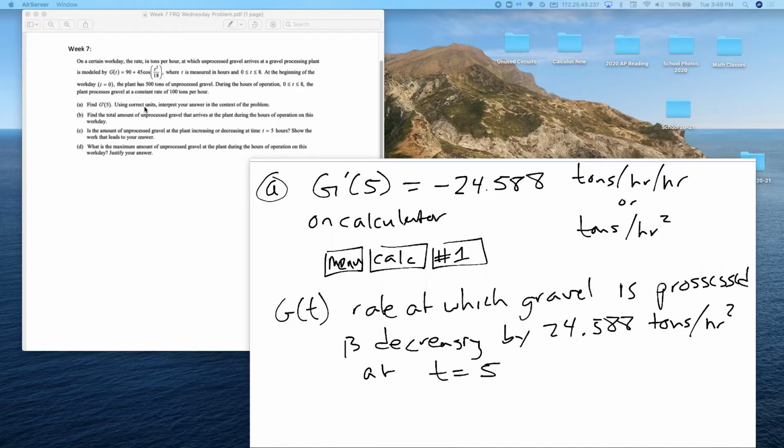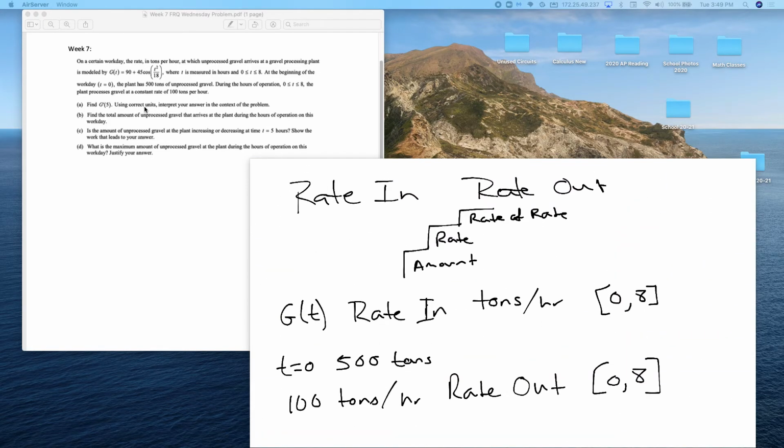Now it says find the total amount of unprocessed gravel. Again, in this step thing, this is where G of t is. G of t is right here.